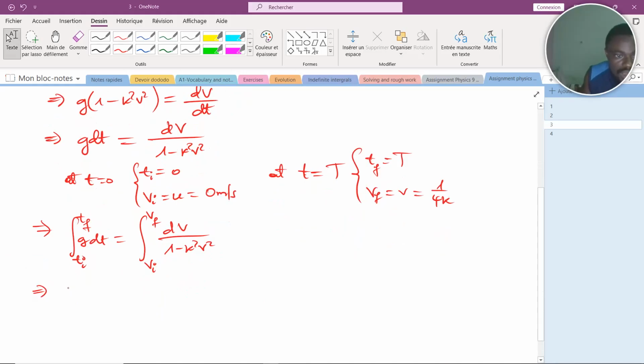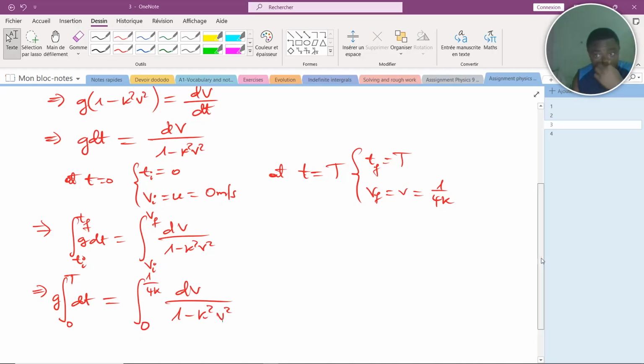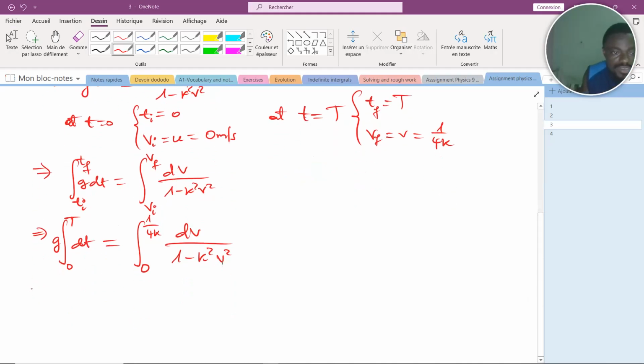T initial is 0, t final is capital T. Let me put the g outside, since g is the acceleration due to gravity, a constant. So g times the integral of dt must be equal to the integral from v initial, which is 0, to v final, which is 1 over 4k, of dv over 1 minus k square v square.